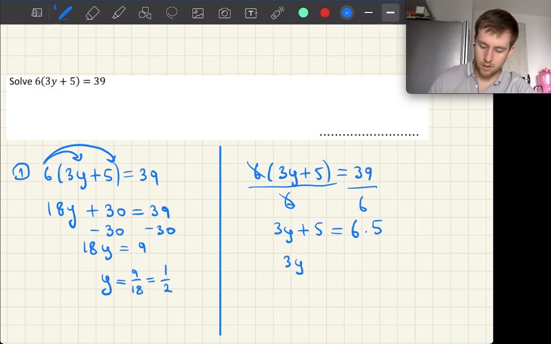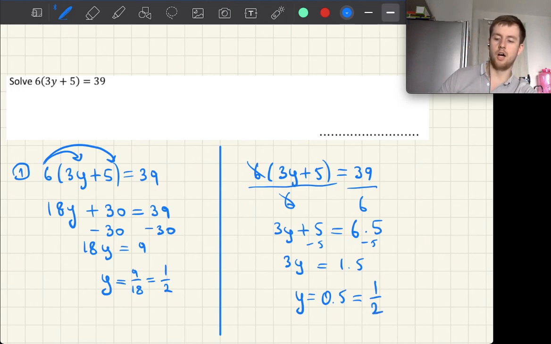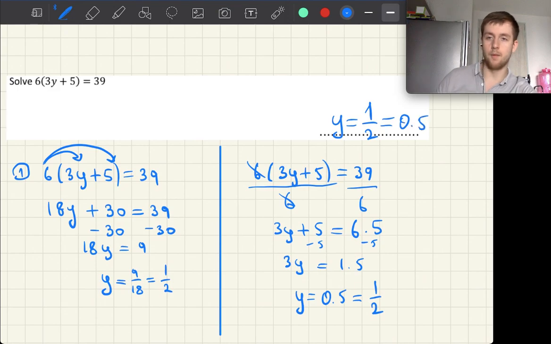Then we subtract 5 from both sides, we get 3y equals 1.5. So y would be equal to 1.5 divided by 3, which is 0.5, the same thing as 1/2. So y equals 1/2. You can write either 1/2 or 0.5. Both answers are absolutely fine, they're acceptable.